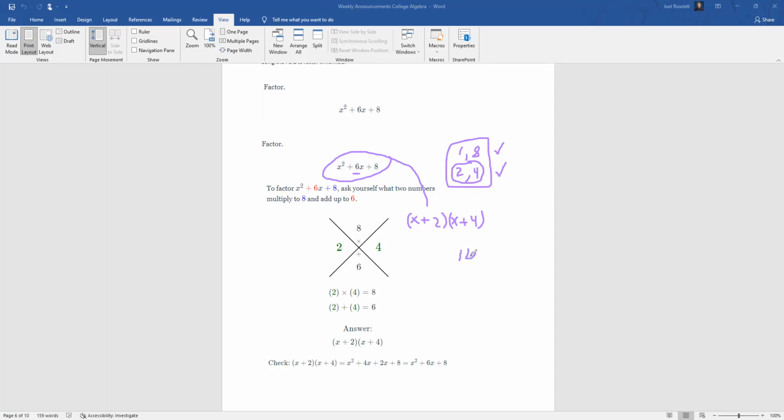If you take 16, you're going to break it down to a product of primes. And 16 could be thought of as 2 times 8. And you can break the 8 down to 4 times 2.